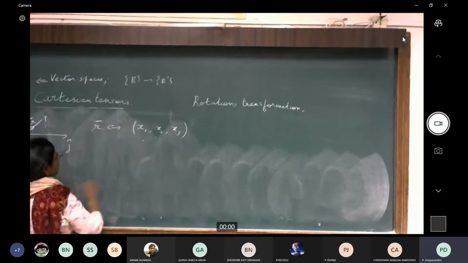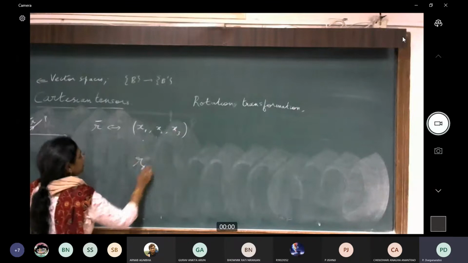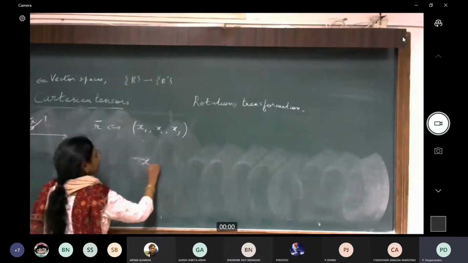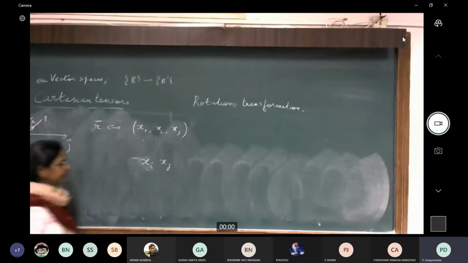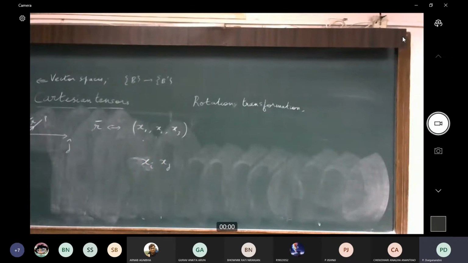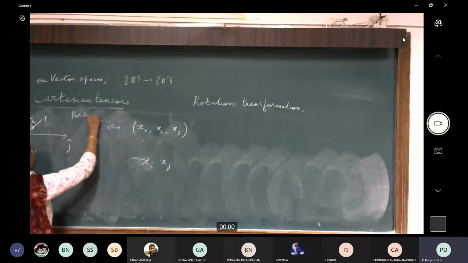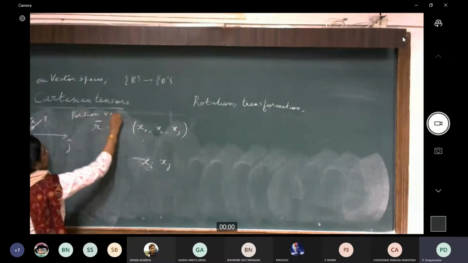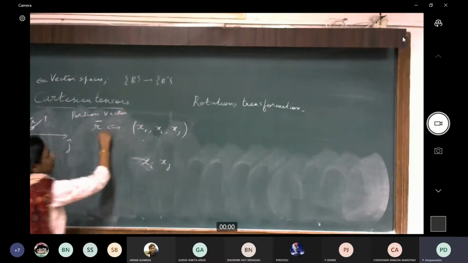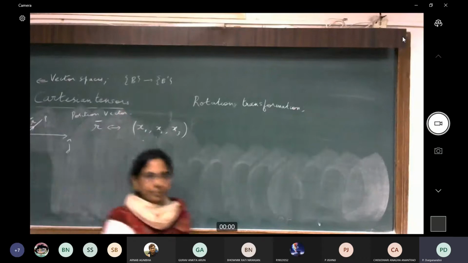Now, given the position vector, if I consider this object, xi xj, how will this transform? How does the position vector transform under rotations, or what kind of an object is this as a Cartesian tensor? I mean, is it a tensor?